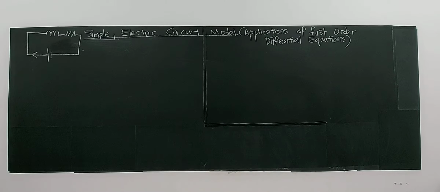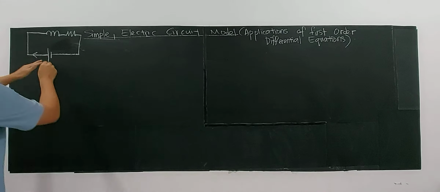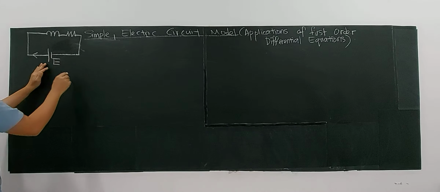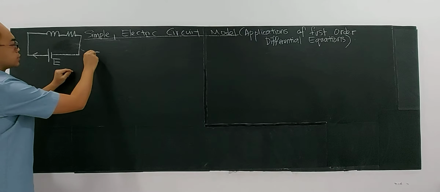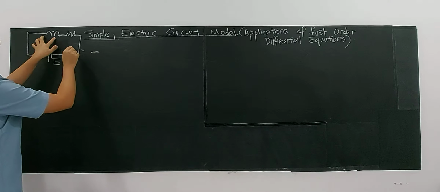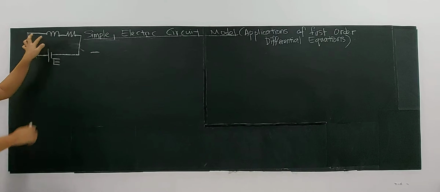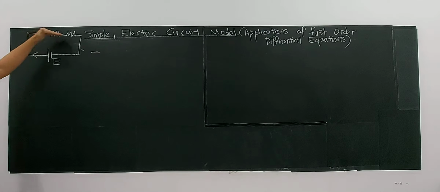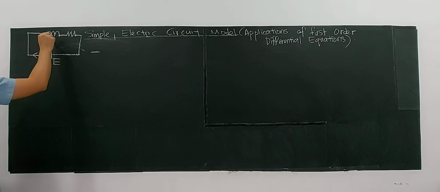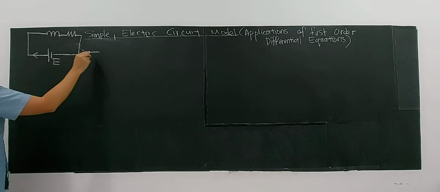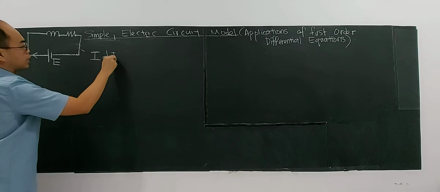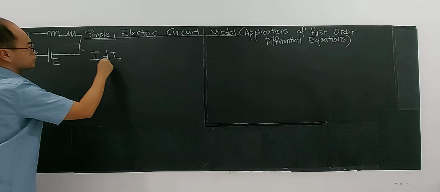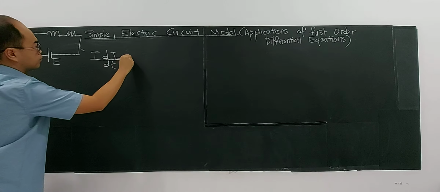As we said, the voltage supply E is the same as the voltage drop, which refers to Kirchhoff's law.